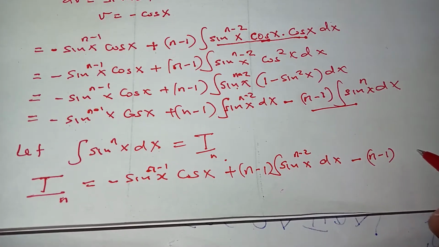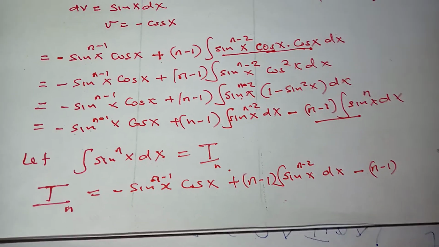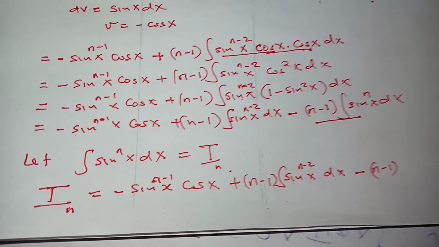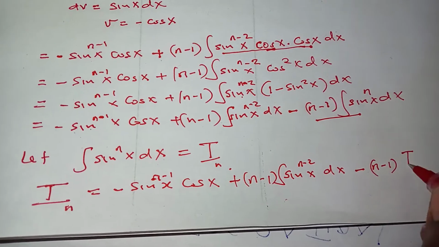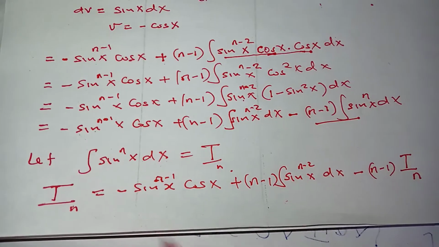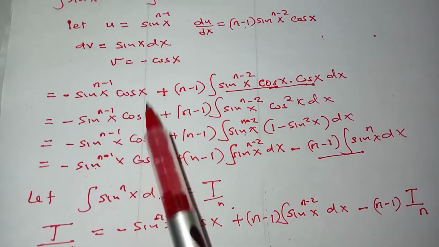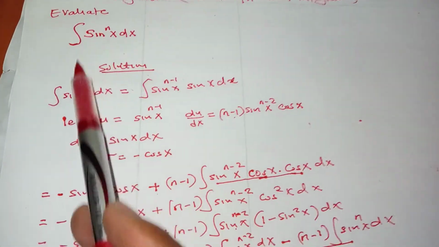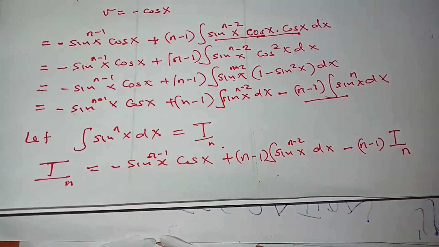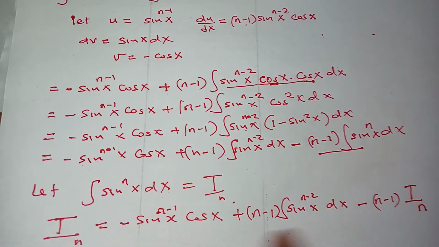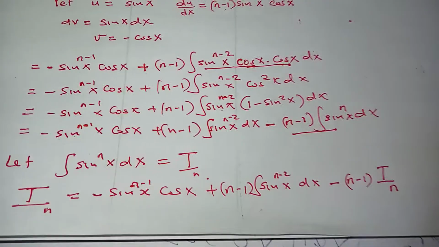Now, instead of n minus 1 times the integral of sine of x to the power of n dx, I write I sub n, because I sub n is equivalent to the integral of sine of x to the power of n, right? So I can now put the like terms together.